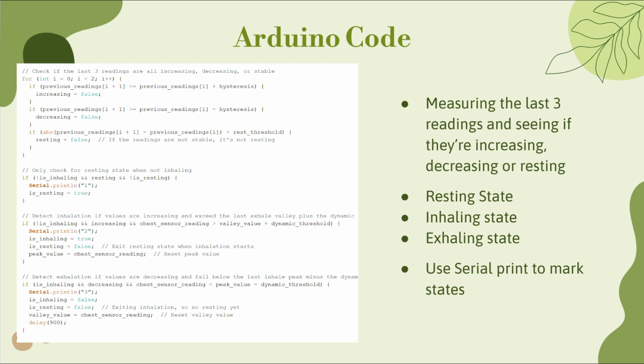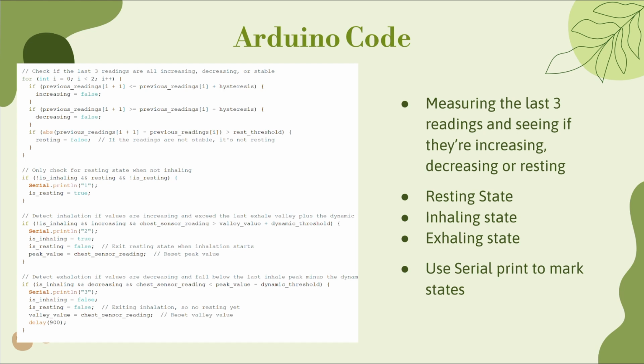For my Arduino code, essentially how this works, as I mentioned previously, is that this sensor changes in resistance, and the input is connected to the analog pins of the Arduino. As the sensor stretches, the resistance changes, and therefore the voltage being read also changes. Through that voltage read, we're able to measure the inhale, exhale, and resting rates.